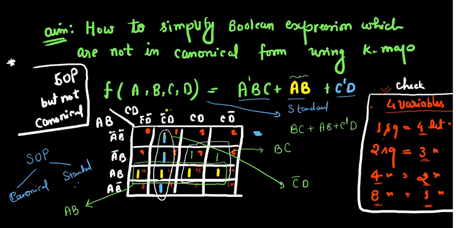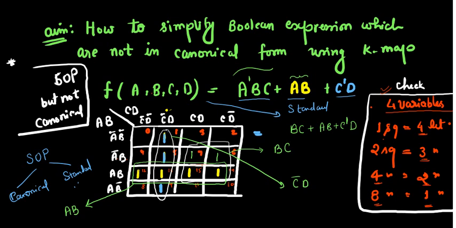So it is not always true that you have the Boolean expression in canonical form, where you can write it in the sum of min terms form. It can be in some standard form where each term does not contain all the literals. This is how you can represent the Boolean function in standard form.